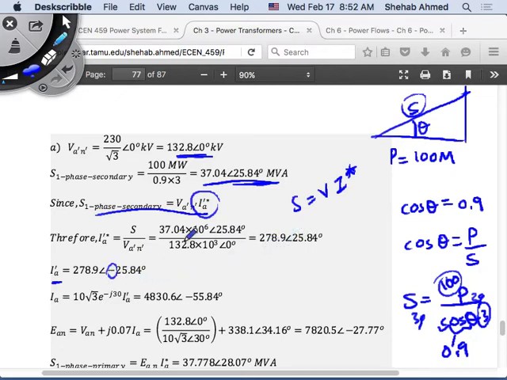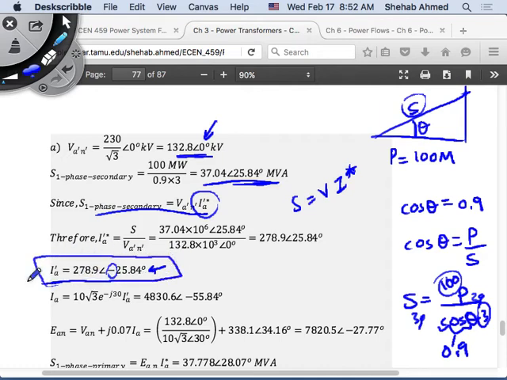So the conjugate of the current is equal to 278.9, angle 25.84. The actual current is equal to 278.9, angle minus 25.84. Okay? So it's lagging the voltage. The voltage was angle 0. They used it as a reference. The current was lagging by 25.84 degrees. Now I want to bring this where?